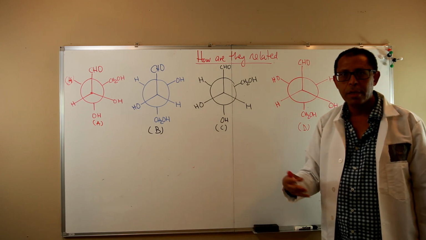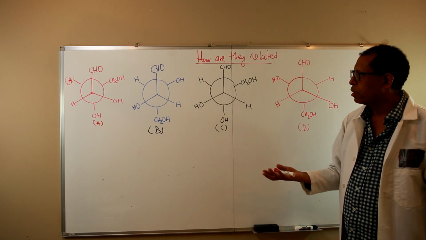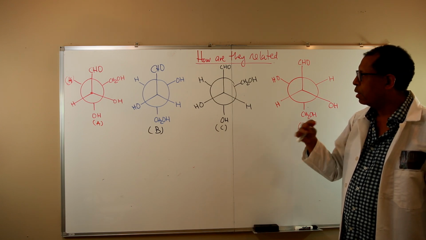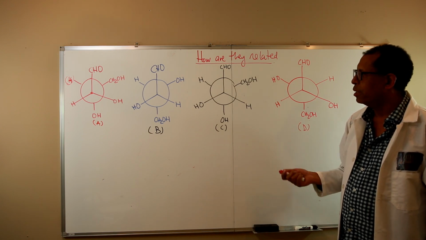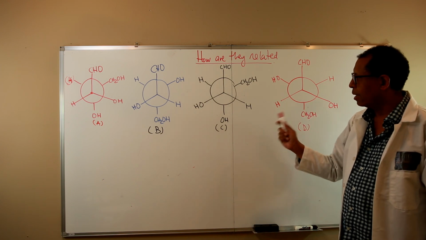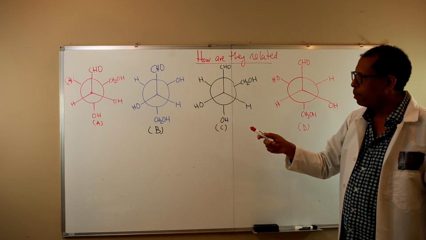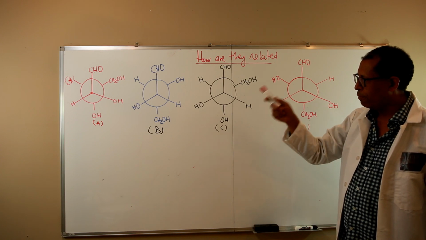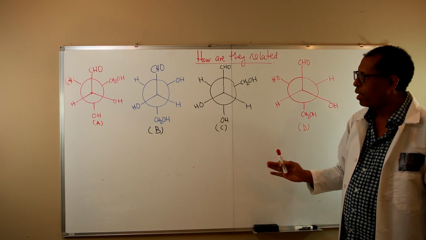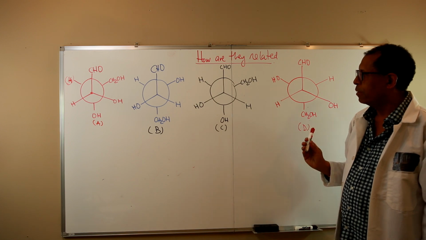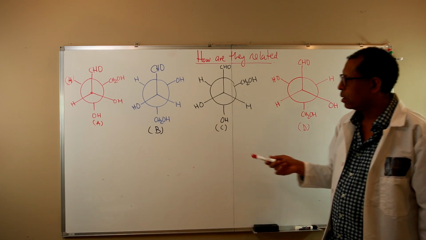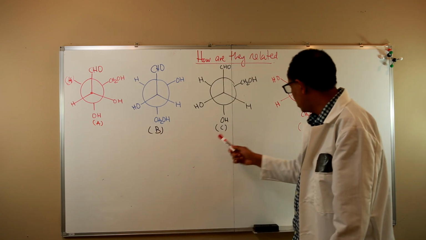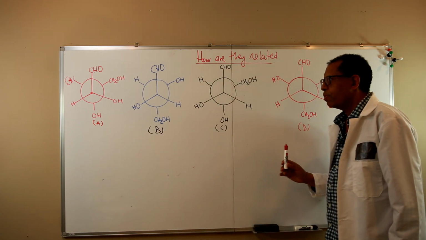So the only thing their differences would be is their stereoisomerism, because constitutionally they are all the same. Same chemical formula, they have the same constituents, everything is bonded in the same way in each one of these cases. So the question is, how is A related to B, or to C, or to D?